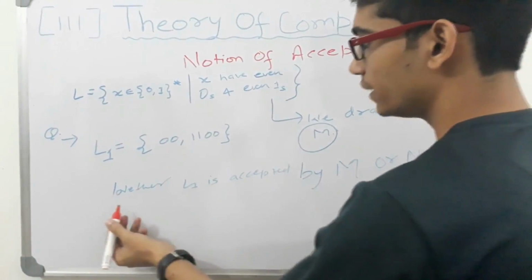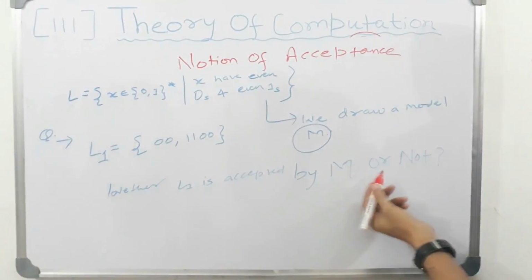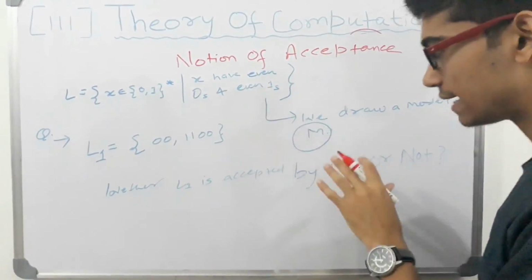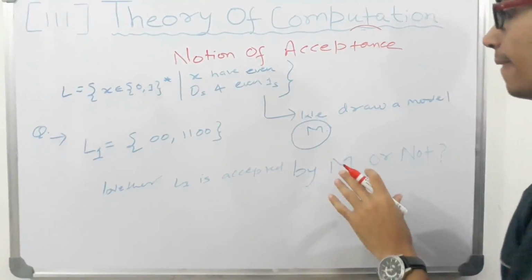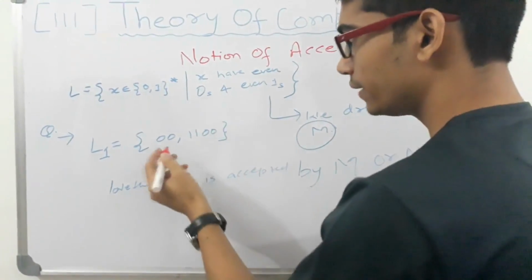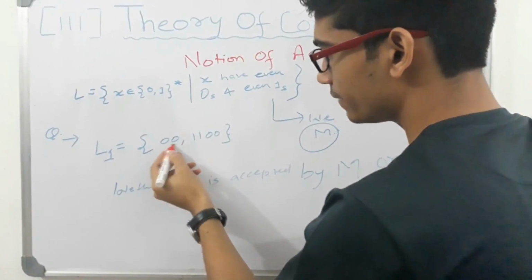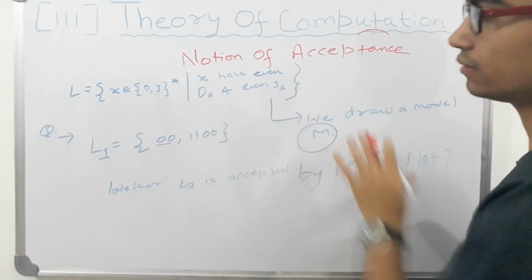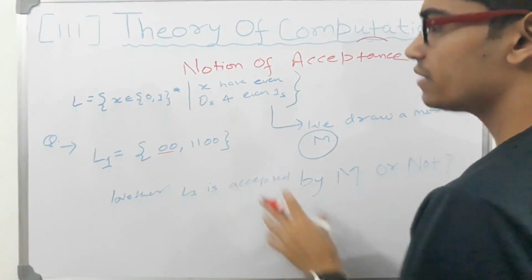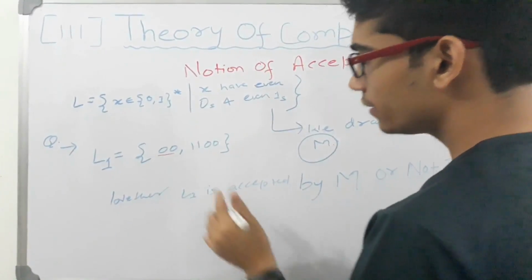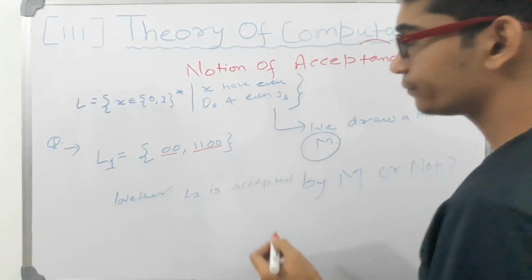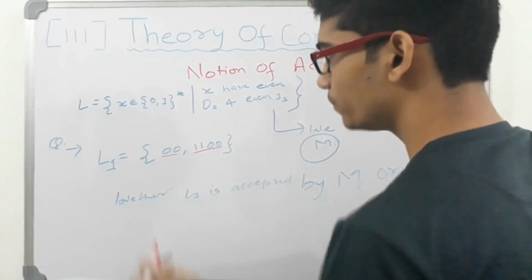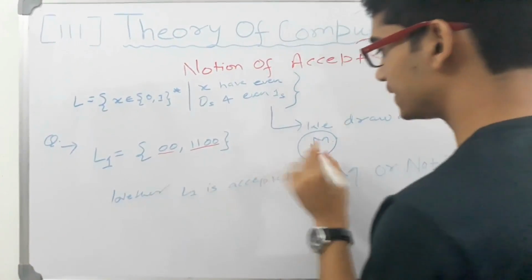So my question is whether L1 is accepted by M or not, and this M is the previous state transition model that I drew. Then you will say yes, this has an even number of zeros. When we go through that transition diagram, we'll reach a final state. Again, this element also makes you reach the final state. So people will argue yes, L1 is accepted by M.